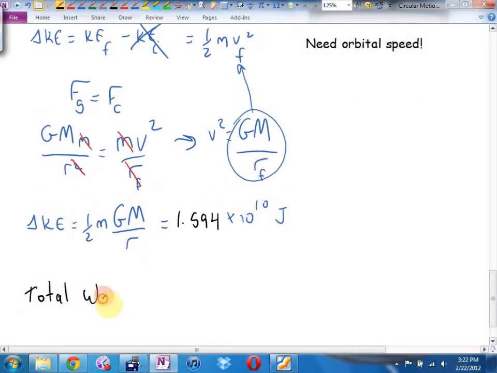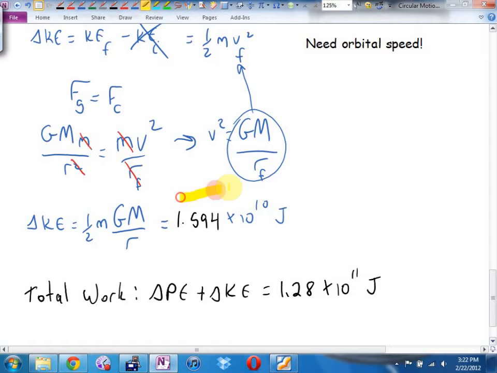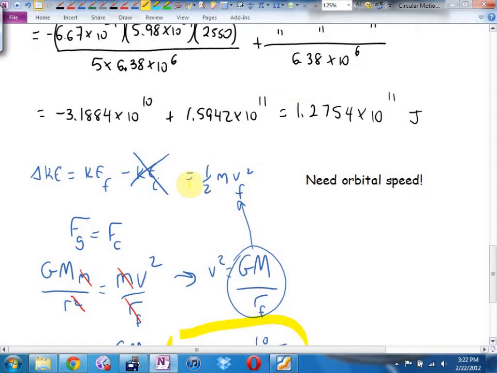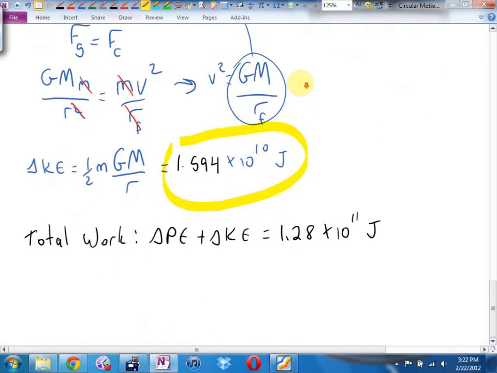Total work, change in potential, change in kinetic, which ended up being 1.28 times 10 to the 11th joules. This number plus that number.